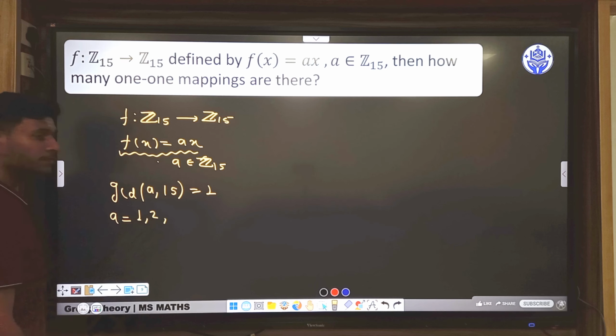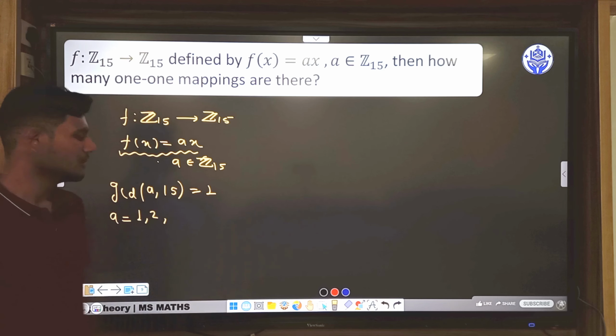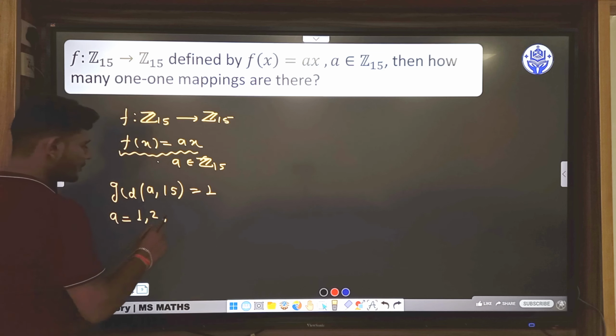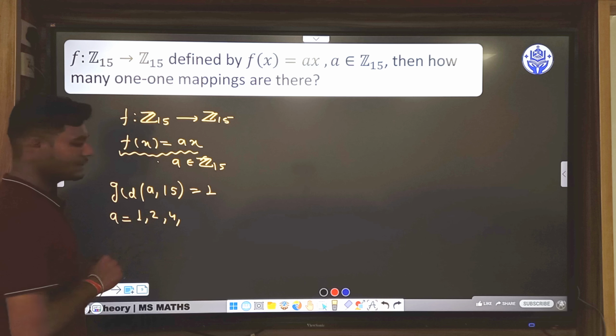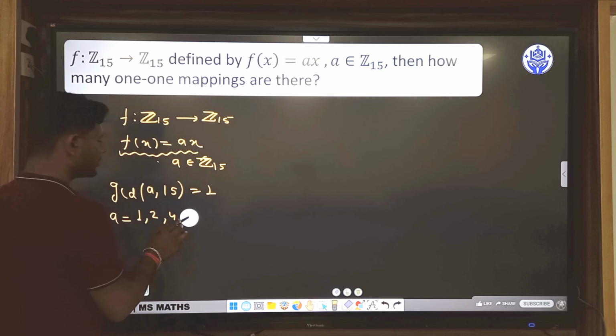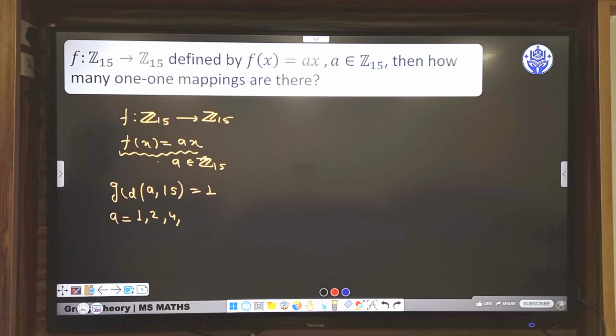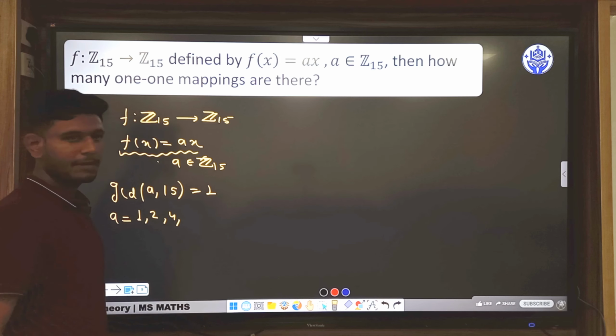If it is 2, yes, I can make. If it is 3, the GCD of 3 and 15 will not be 1 because 3 divides 15. Okay, 3 will not be there. Then 4, of course. 5 again, no. 6, can I make 6? No. 6 and 15 both can be divided by 3.